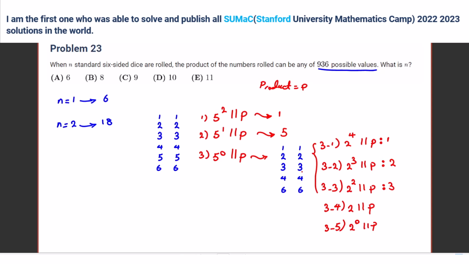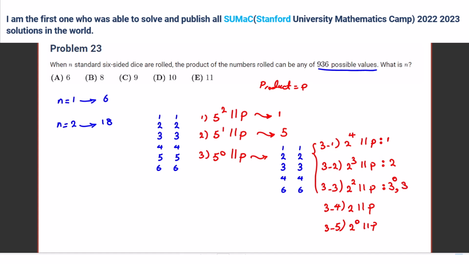Okay, so the power of 3 can be what numbers? For example, the power of 3 can be 3 to the 0. Means 4 times 3 to the 0 is 4. 4 times 1, we can create 4, right?